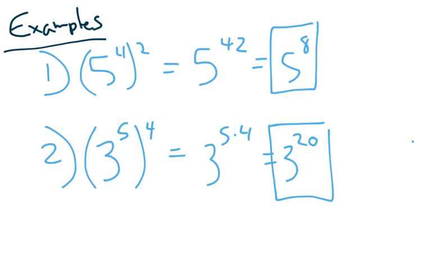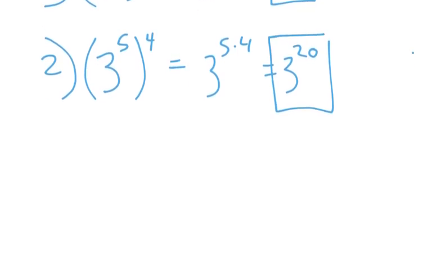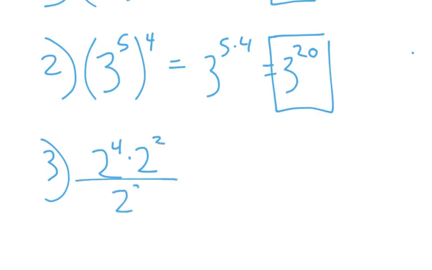Now, where it can get a little more complicated is if we start to combine some of these rules. So let's say we had 2 to the 4th times 2 squared, and then we raise this to the 3rd power.